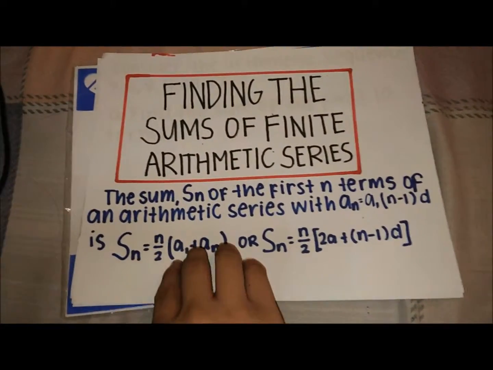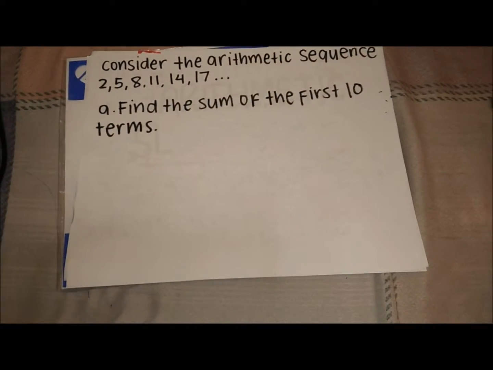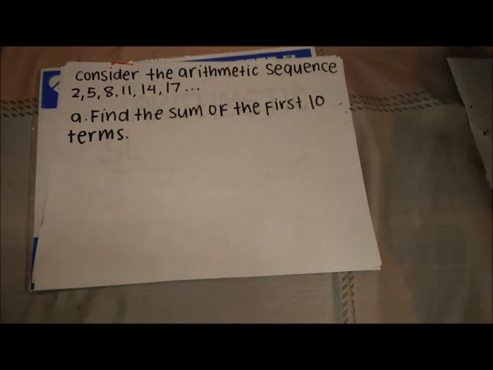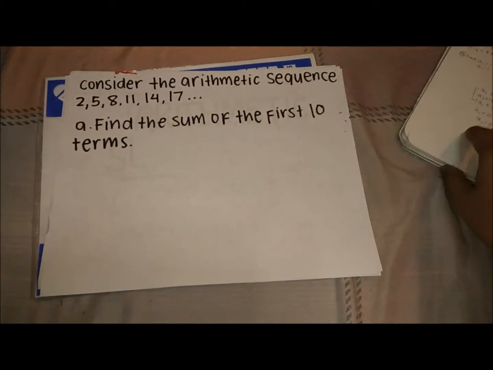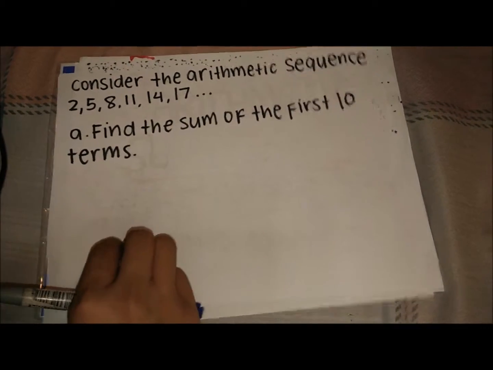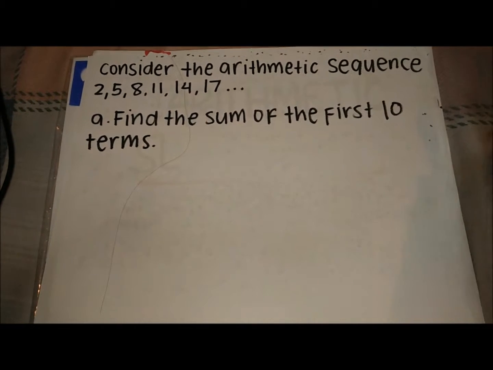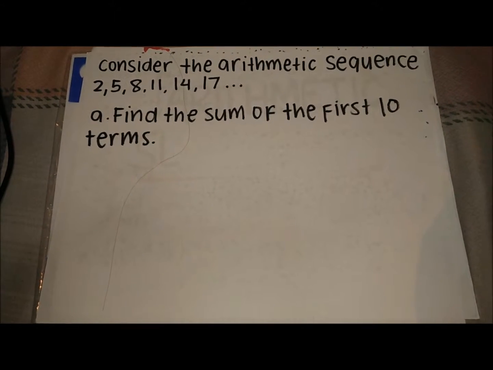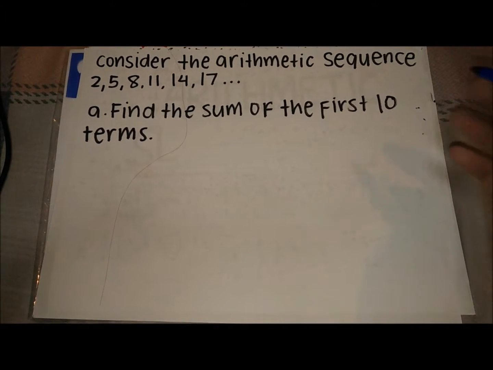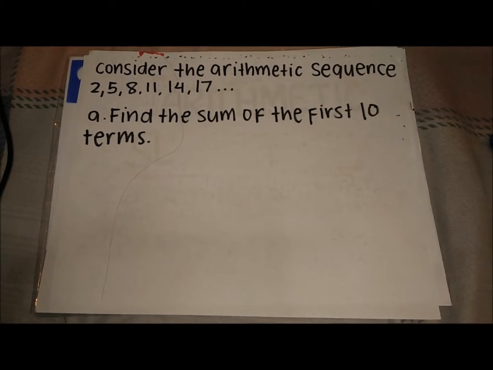So let's have an example. Consider the arithmetic sequence 2, 5, 8, 11, 14, 17. The first question is to find the sum of the first 10 terms. What we need to do is use the formula and substitute.